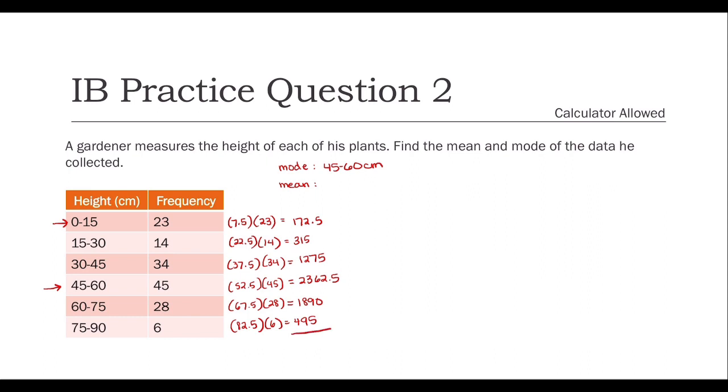So the sum of all of those is 6,510. Our total number of data points is the sum of our frequencies, which gives us 150. So our mean is 6,510 divided by 150, which equals 43.4. So our mean is 43.4 centimeters. And that's what you would do for this problem.